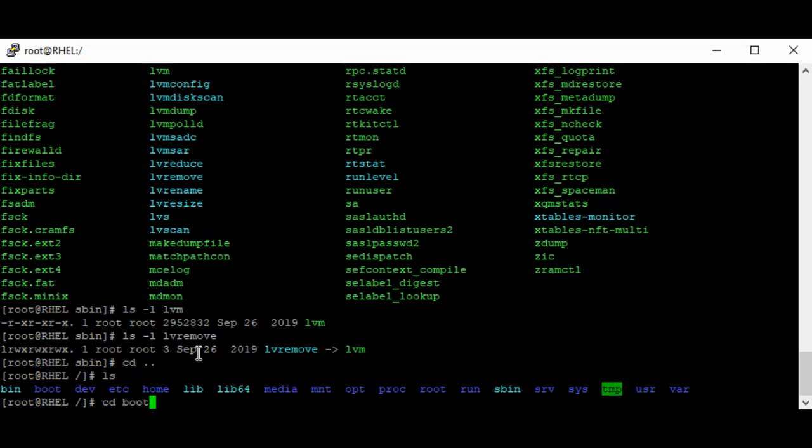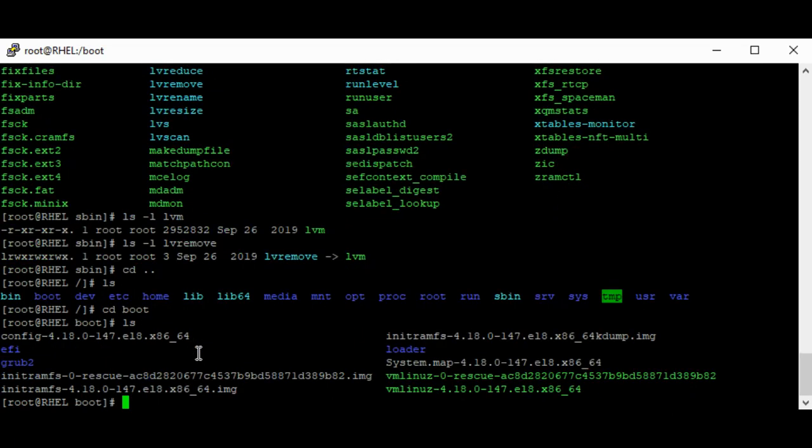If you look at the boot directory, you see the bootloader, and you see the kernel. These are files that are necessary to boot the operating system.